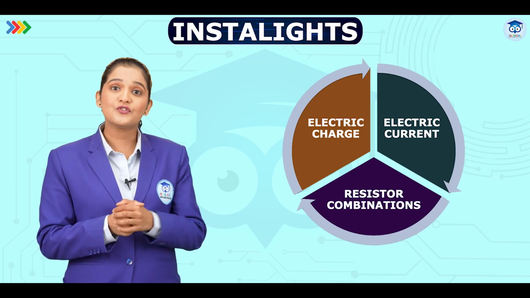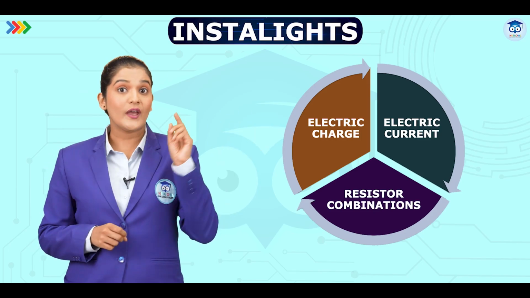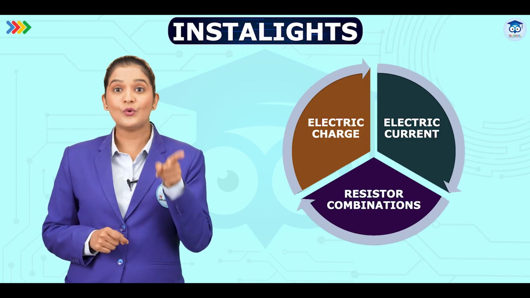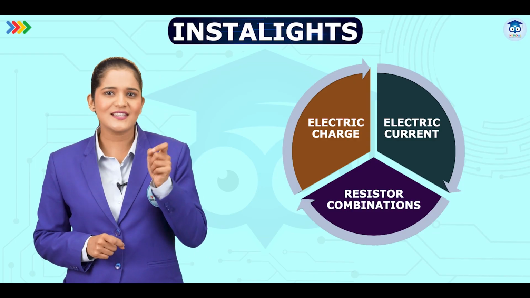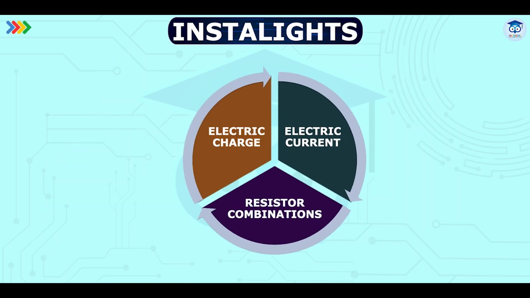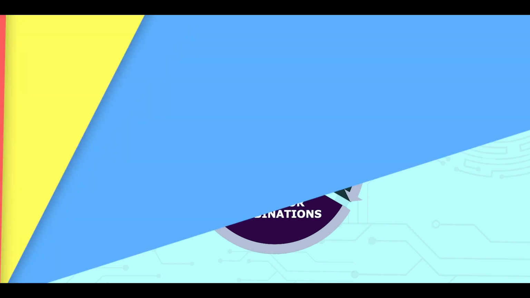Then we moved to electric current, where we applied Ohm's law using I is equal to voltage divided by resistance to solve for current in various circuits. We also covered resistance in series using the appropriate formulas to calculate total resistance in both arrangements and understand their effect on current and voltage.